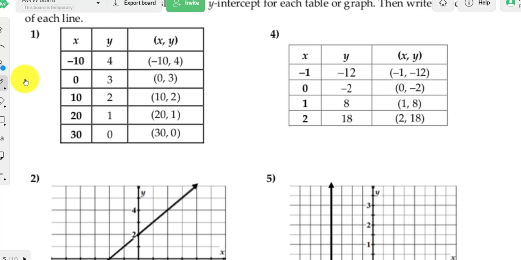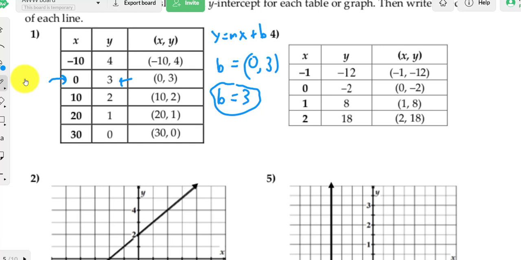So my b, because remember the equation is going to be y equals mx plus b. The b is always going to be 0, comma something. So when x is 0, my y is 3. So you can write 0, comma 3, but really for the equation, you're just going to write b equals 3, okay? And maybe I'll just circle that.